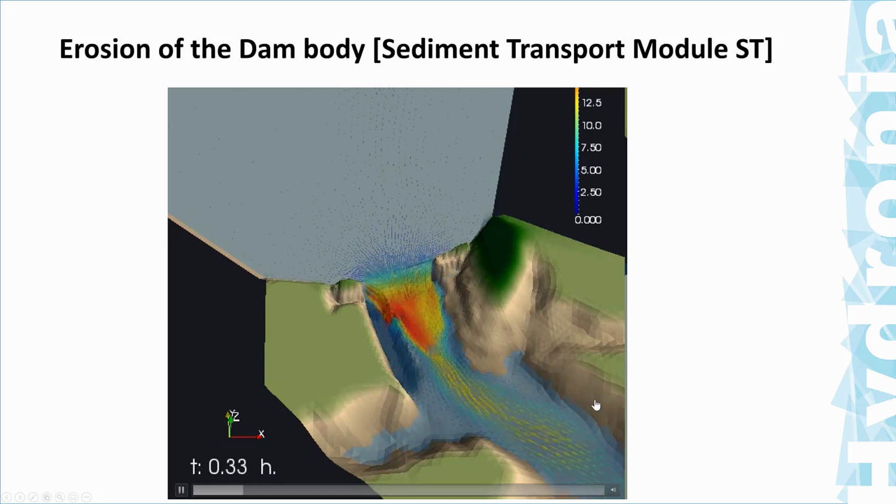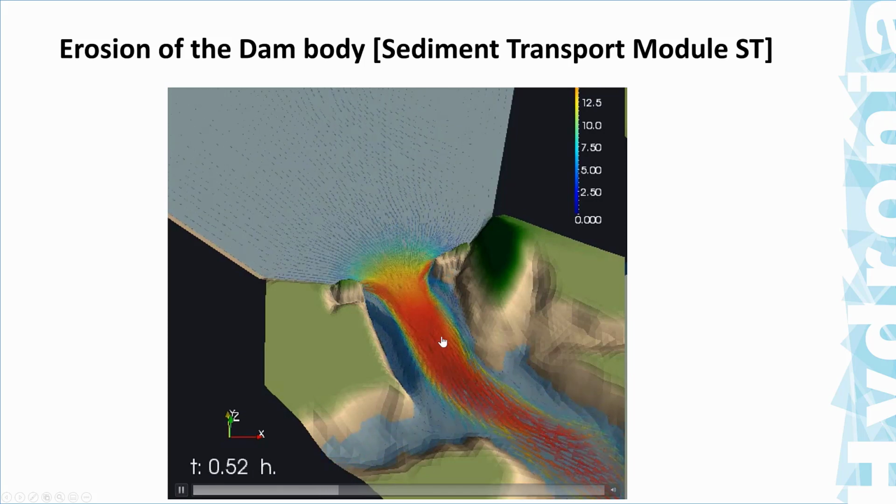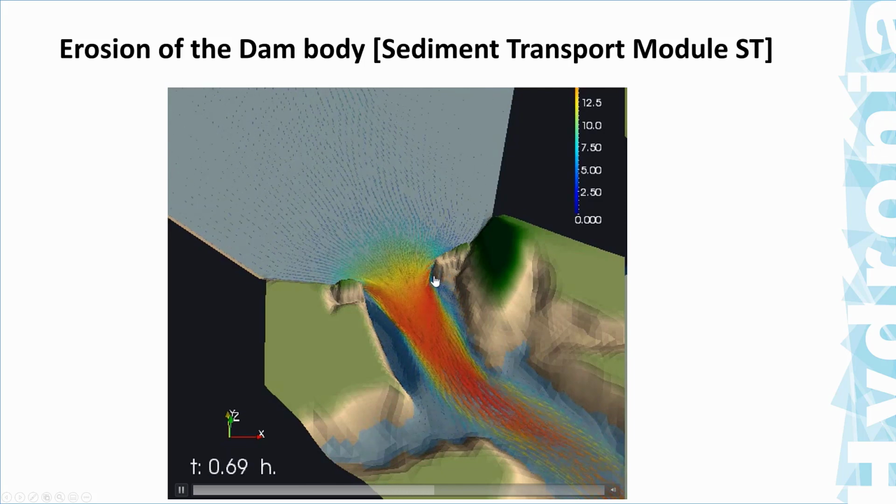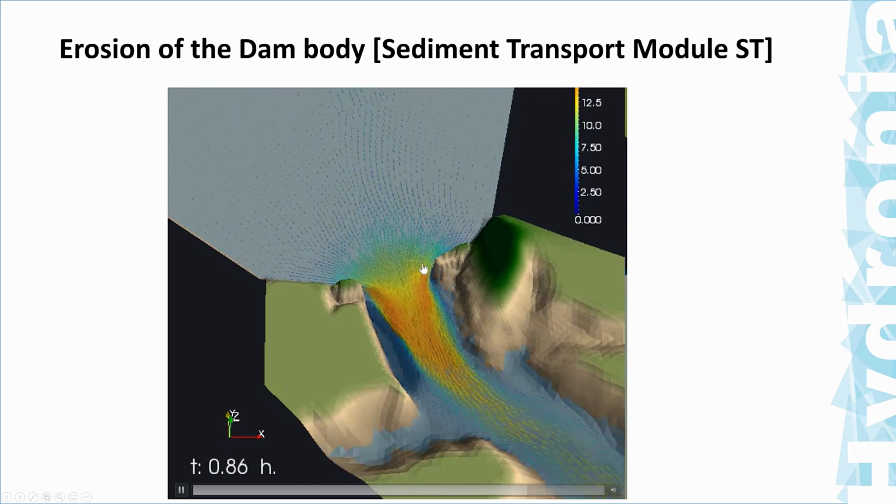Let me play it again. You see the high velocities here indicated in red, and the complete erosion of the dam that occurs in time. You can do all this. This was done actually by applying the Hydrobid Flood model.